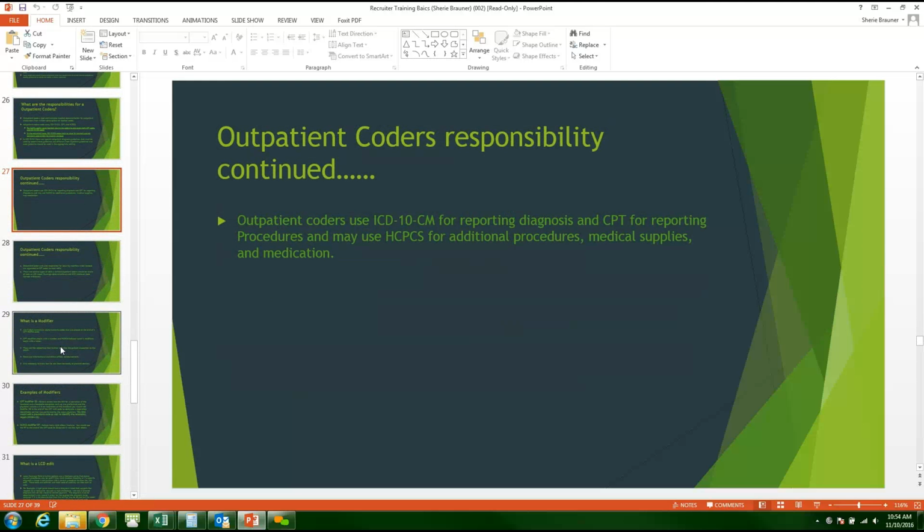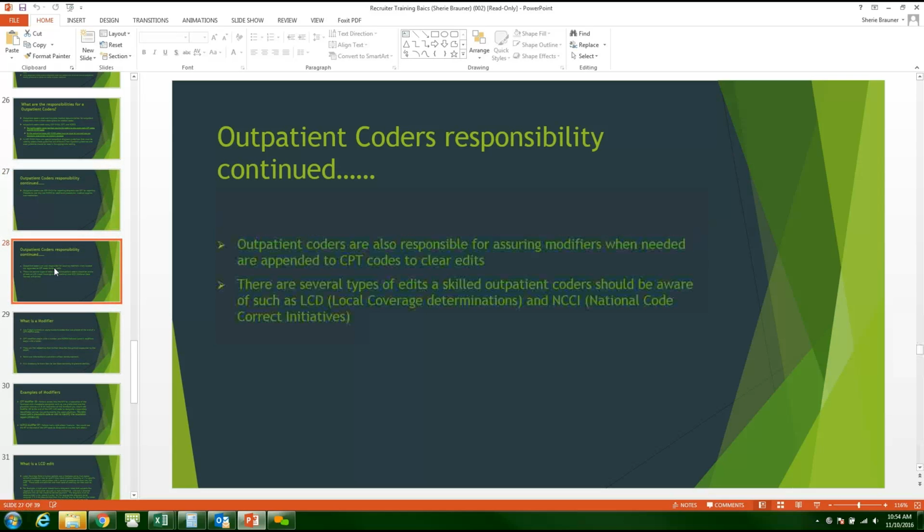These guidelines are different from inpatient guidelines, and each guideline should be used in the appropriate setting. Slide number 27, outpatient coders' responsibilities continued. Outpatient coders use ICD-10-CM for reporting diagnoses and CPT for reporting procedures, and may use HCPCS for additional procedures, medical supplies, and medication. Slide number 28, outpatient coders' responsibility continued.